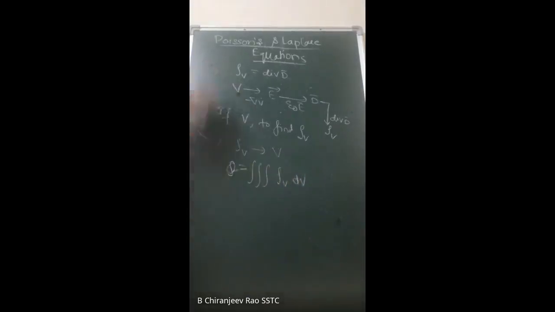Although it is derived from these equations only, here we will get a specific relation between this potential and rho v. So if potential V is given, you can directly find this volume charge density without following this path.